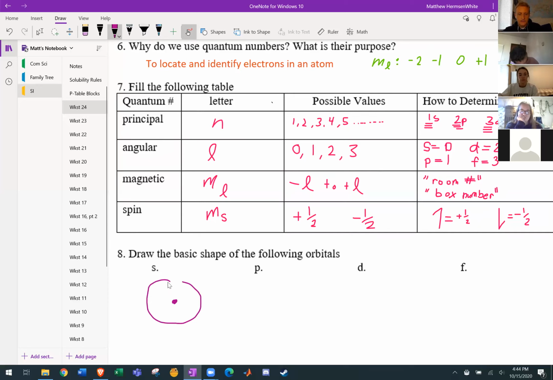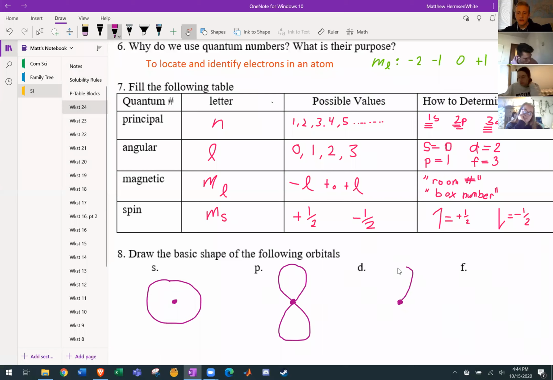The dot I drew is a nucleus, and an s is just a sphere. A p orbital is a sort of figure 8 shape. Sometimes I call it a dumbbell. These shapes are probability densities for where you might find the electron at any point in time, so they show where it's most probable to find the electrons.